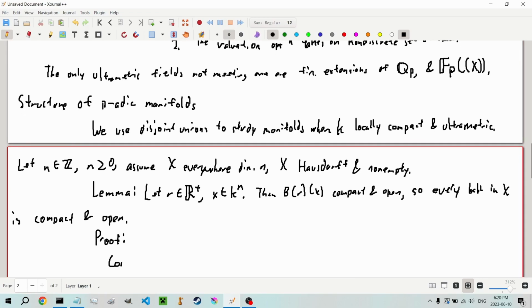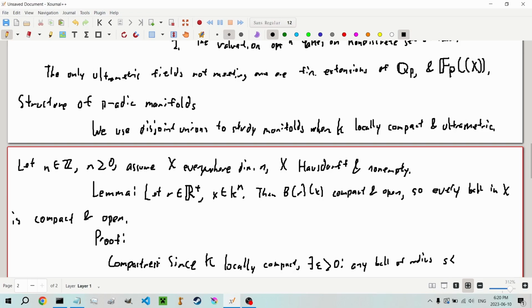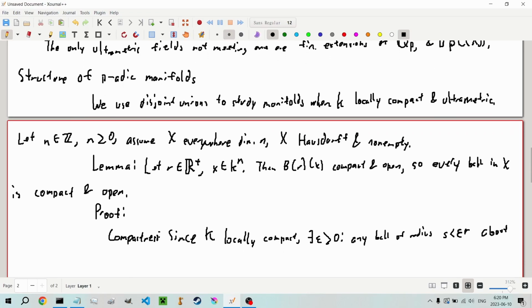First off, we need compactness. Since our base field is locally compact, there exists a positive real number epsilon greater than 0 such that any ball of radius s less than epsilon times r about x in K to the n is contained in a compact neighborhood of x.